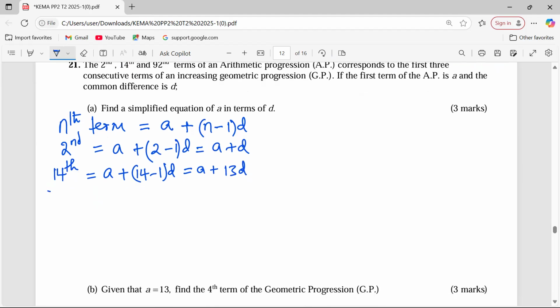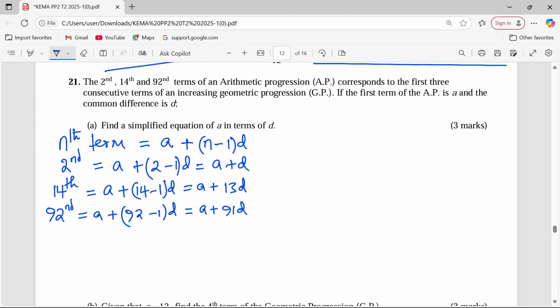Then the 92nd term, a plus 92 minus 1 multiplied by the common difference, is a plus 91d.